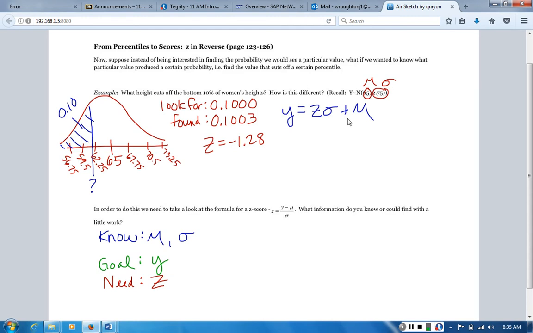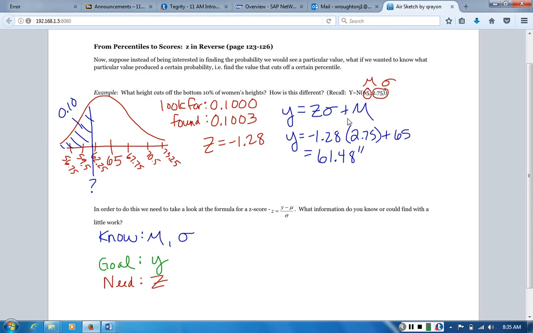So at this point, it's really just plugging those numbers in. And then doing the math here, we get 61.48. Now what kind of units is that? We're actually finding women's height, so that's in inches.